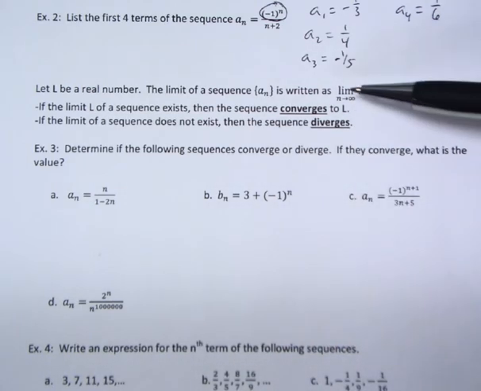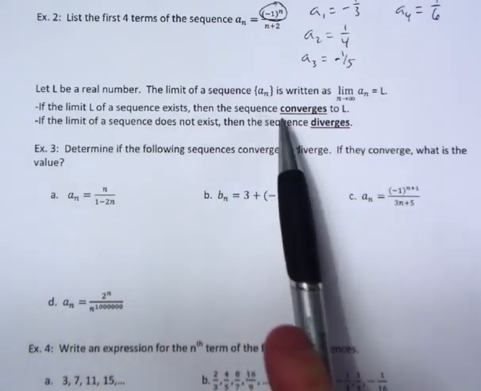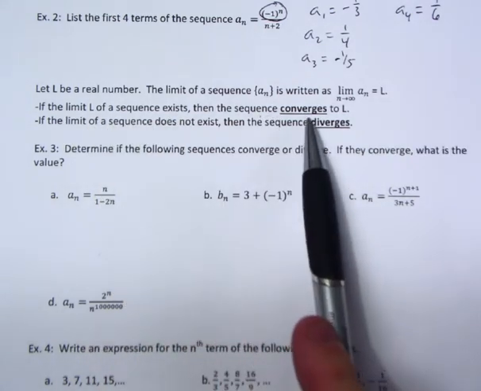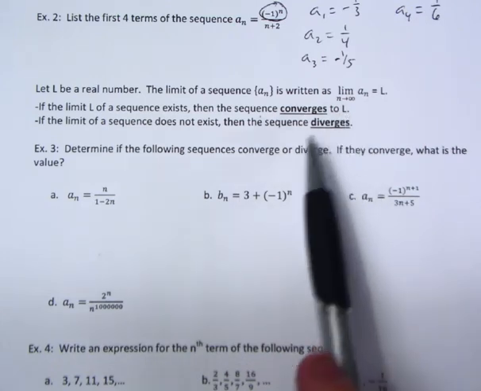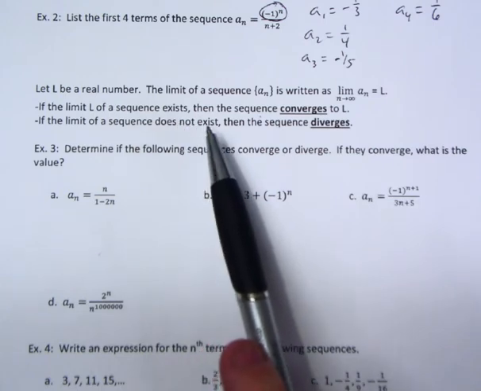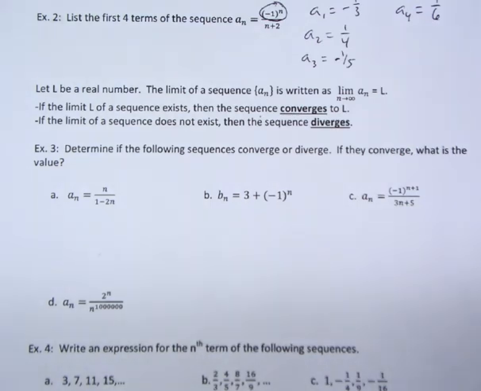Let's say that limit equals L. If the limit L exists, then the sequence converges to L. We say those terms are converging to whatever that limit is. If the limit does not exist, then the sequence diverges. We came across those words when we did improper integrals as well.